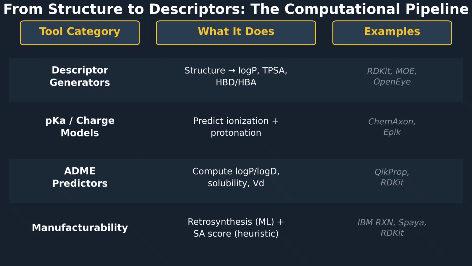When you compute quantities like logP, TPSA, or pKa, the software is identifying functional groups, assigning charge states, and applying chemical rules to the molecular structure. Those calculated values are then used as numerical inputs for downstream analysis and models.